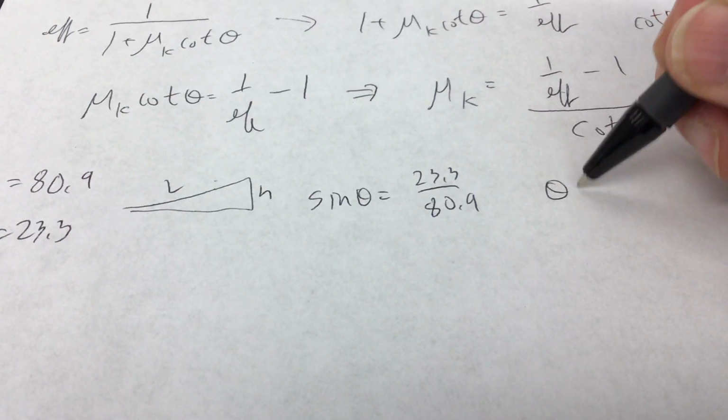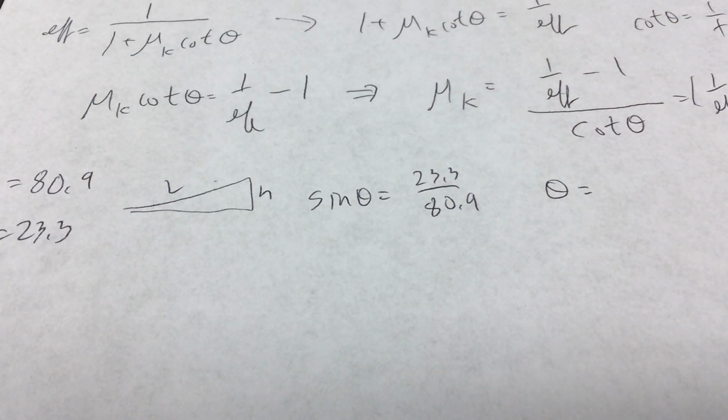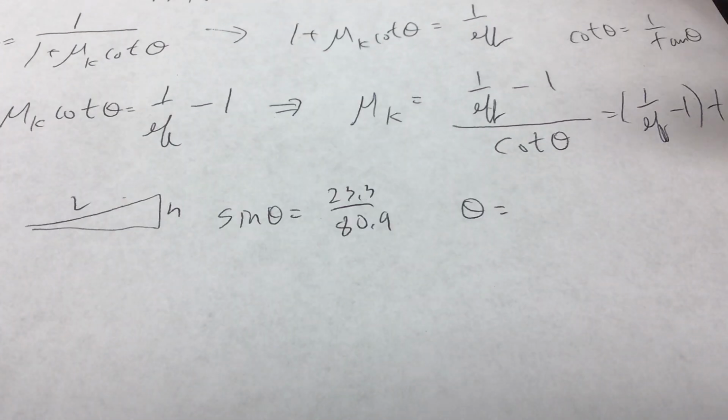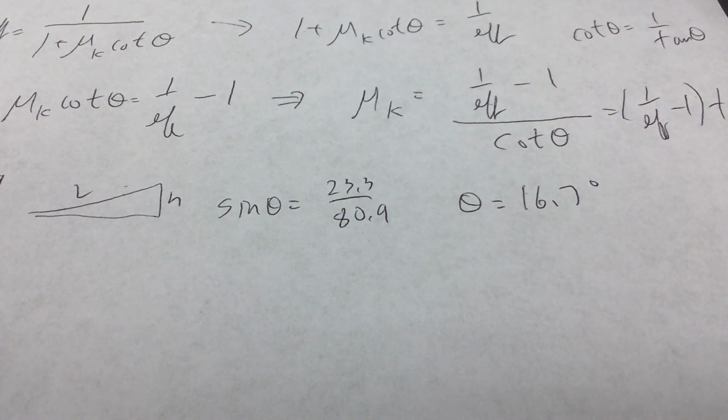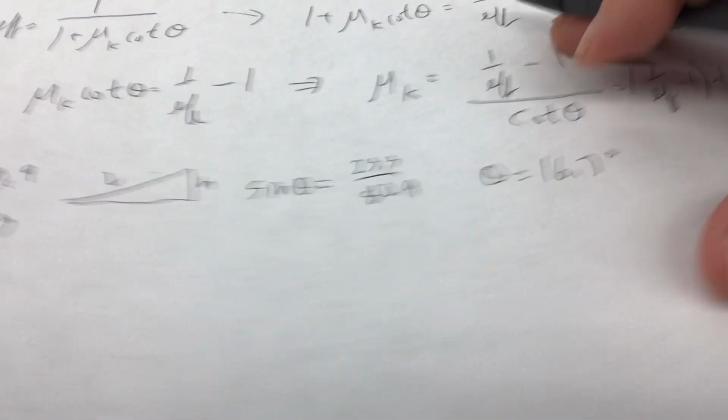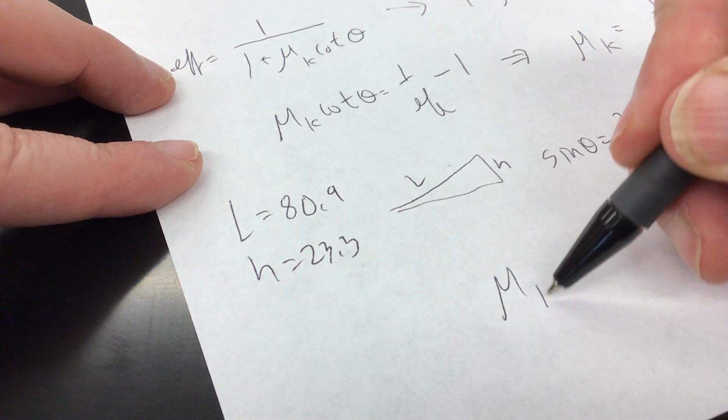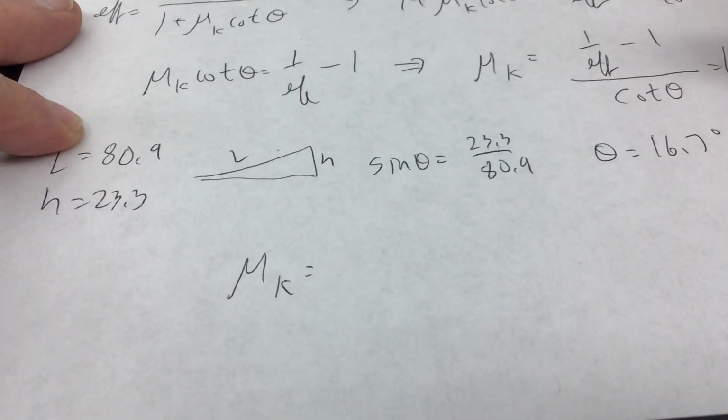So the angle is inverse sine of 23.3 divided by 80.9. Take 23.3 divided by 80.9, then take the inverse sine of that, and you will get an angle of 16.7 degrees.